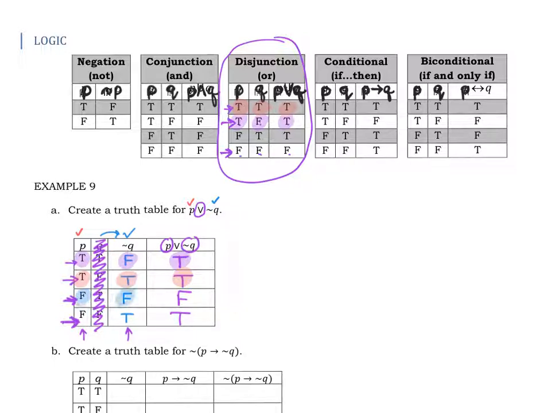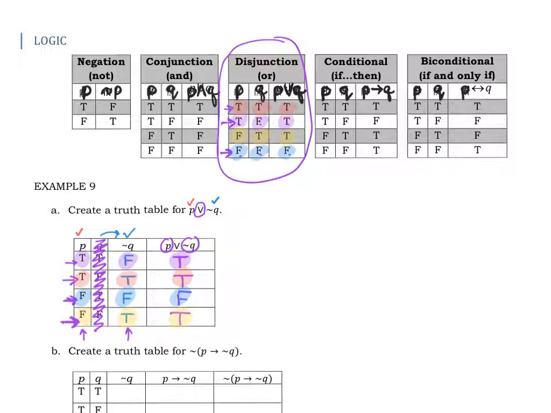False and false, from your table up here, leads you to a false. And then last but not least, a false and a true leads you to a true. Okay, that's ultimately what matters.